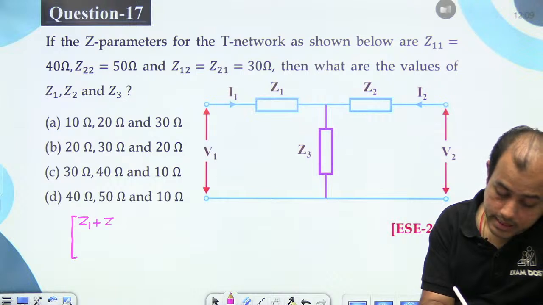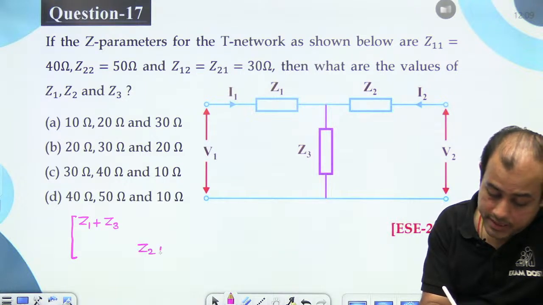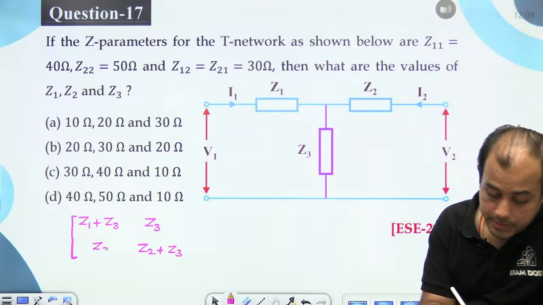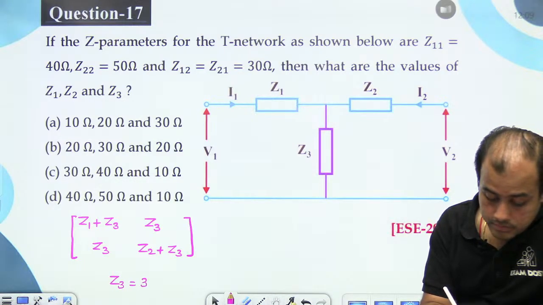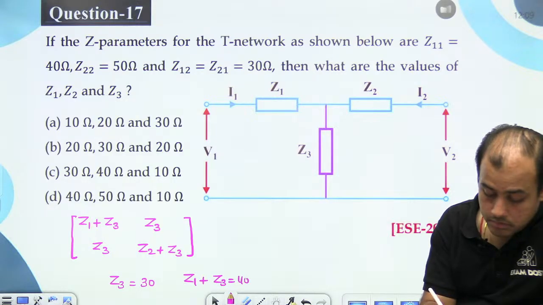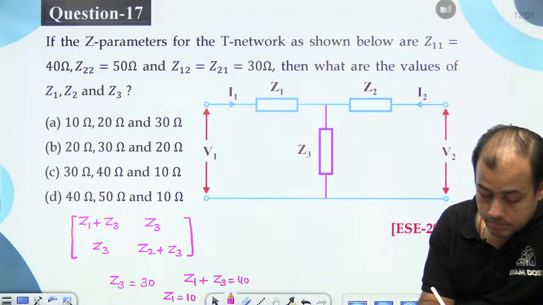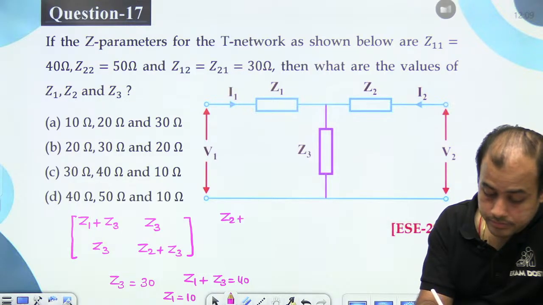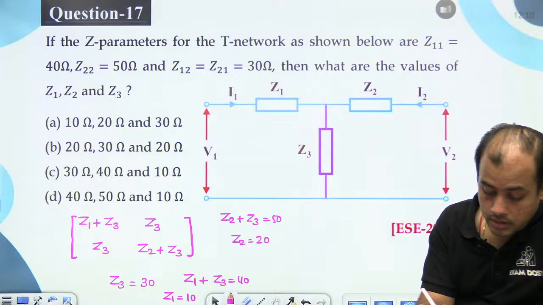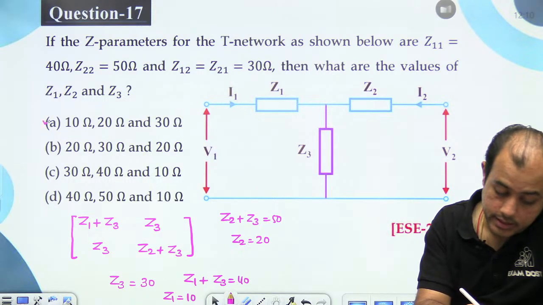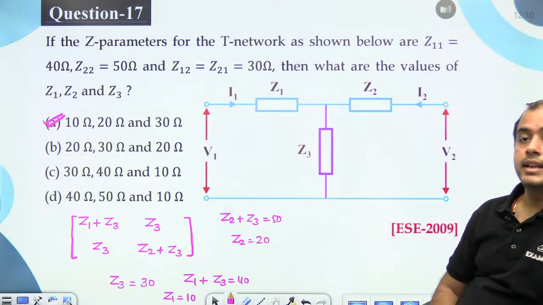The diagonal elements are the sum of impedances in a mesh, and the off-diagonal is the impedance between two meshes. So 10, 20, 30, A. Okay, 10, 20, 30.